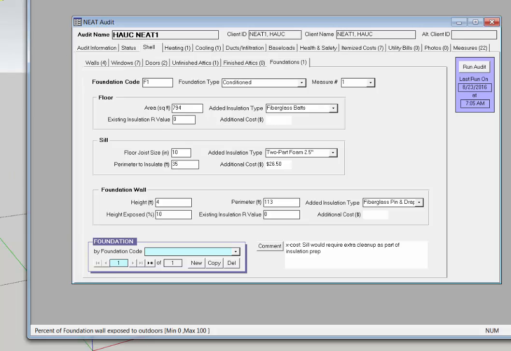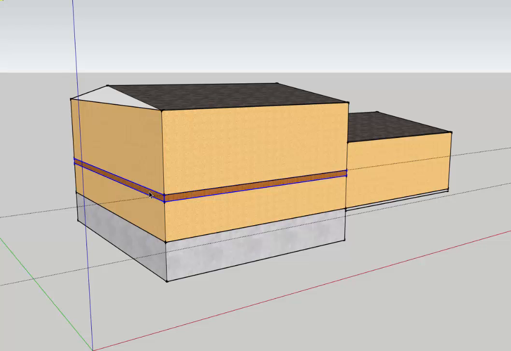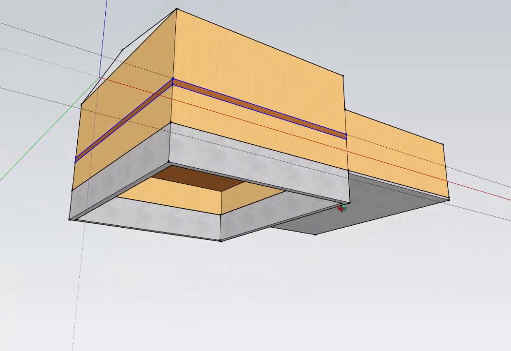Well, in this case, we are talking about this floor. We are not talking about the concrete floor that's down here. Whenever you're doing a foundation, unless you're doing a slab on grade, it's talking about that ceiling above, and you've got to make a determination as to whether or not you're going to insulate that.